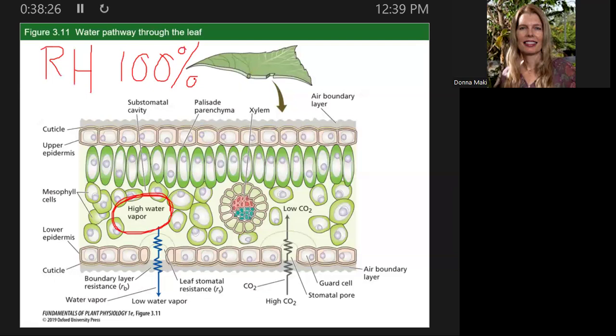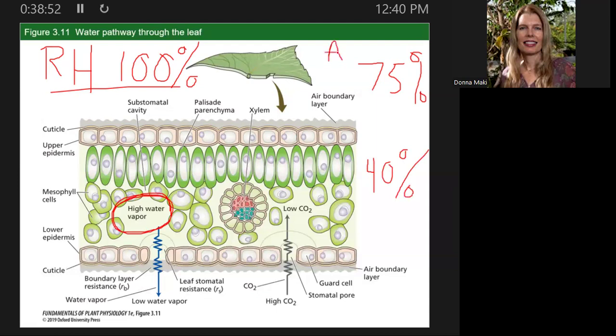If we want to think about how fast is that plant going to be doing the process of transpiration, how slow is it going to go? So if you have 100% relative humidity in the leaf, and then let's say there's a day of 75% relative humidity, and then the next day it dropped down to 40% relative humidity.